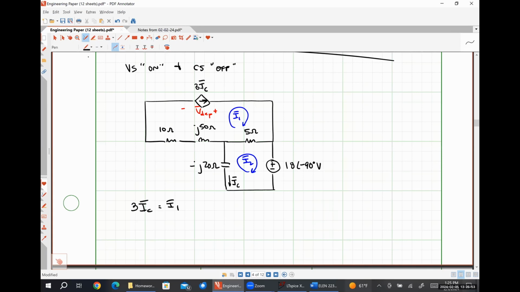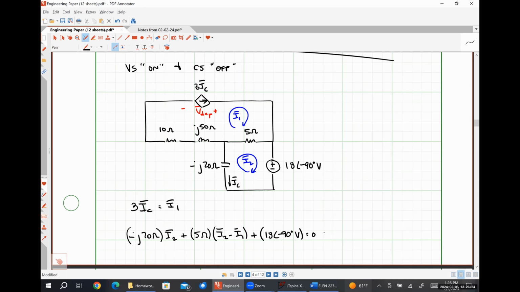KVL around my bottom loop is going to look like minus j20 I2 plus 5 ohms times (I2 minus I1) plus 18 angle negative 90 degrees volts is equal to 0.